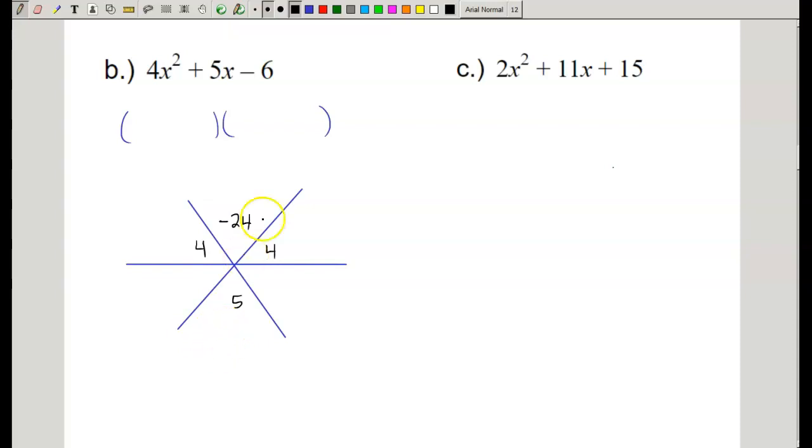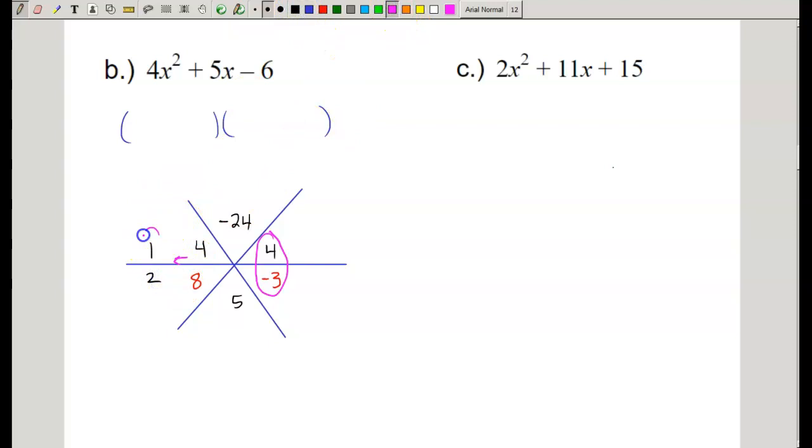8 and 3, 8 times 3 is 24. And I want to add up to 5, so I'm going to take 8, and I'm going to have a -3 here, because 8 plus -3 is +5, and 8 times -3 is -24. So now I have my things here, and I think about these columns as fractions for the time being, and this one looks like it's already a reduced fraction, but this one over here is not reduced, so I'm going to change this 4/8 to 1/2.